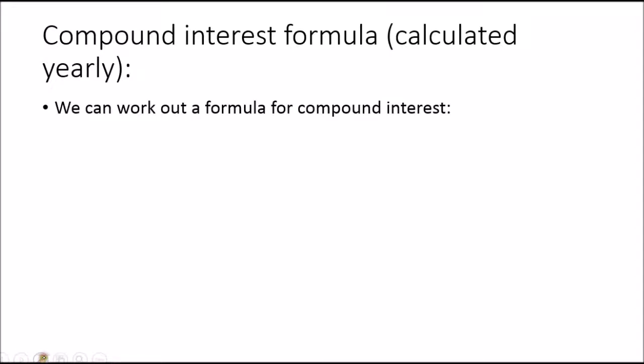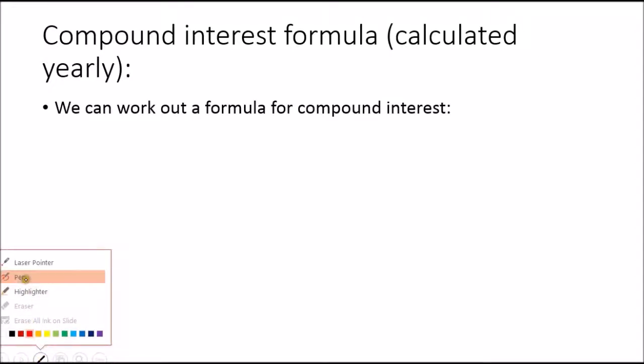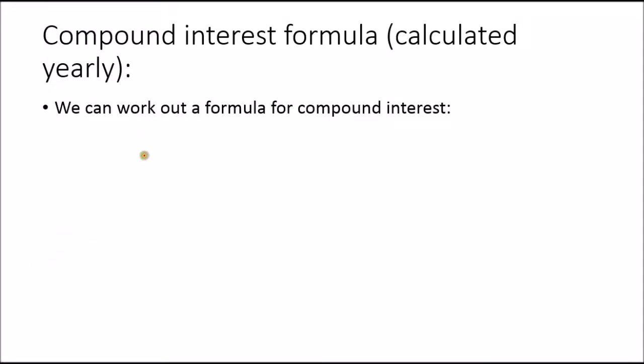What we've got to think about is a slightly different way of thinking about the amount that we're calculating. Now, you know that the amount that we had after 1 year was the principal plus the interest, and so that gave us our new total. So the amount equals principal.